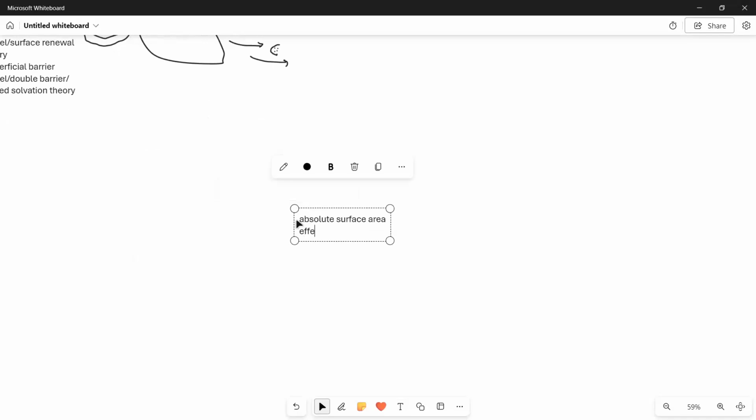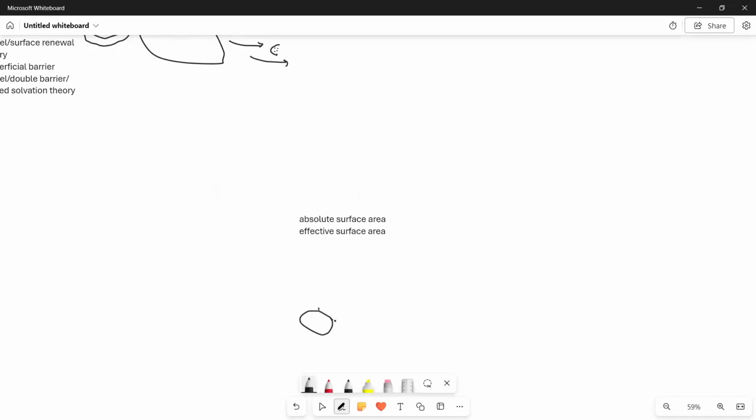The absolute surface area is the total surface area of any particle. Whatever the particle, the total surface area possessed by the particle is the absolute surface area. And effective surface area is nothing but the area which is exposed to the dissolution medium. So the dissolution mainly depends upon the effective surface area rather than the absolute surface area.